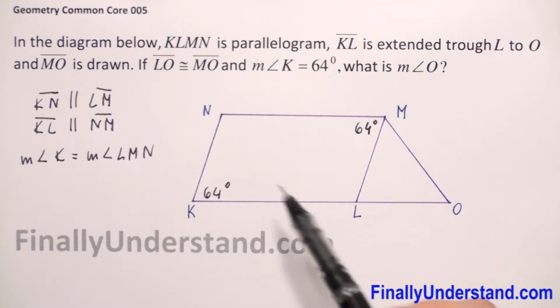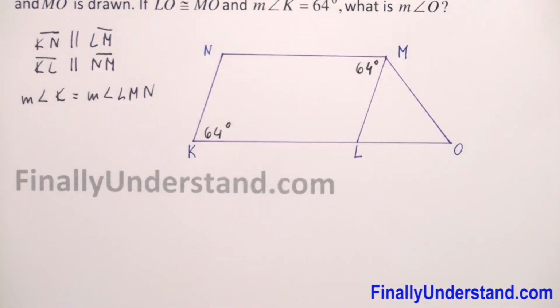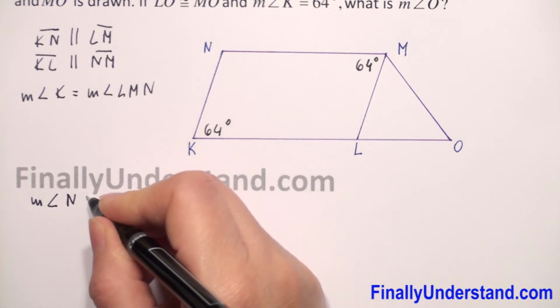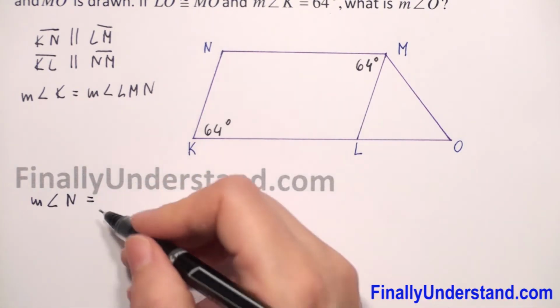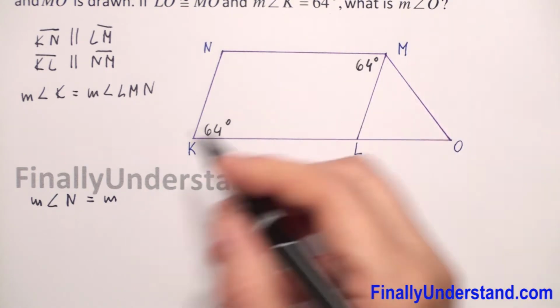What else? The measure of angle N is equal to the measure of angle KLM.